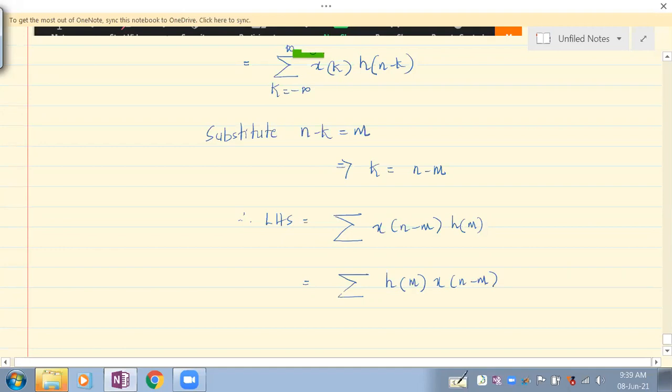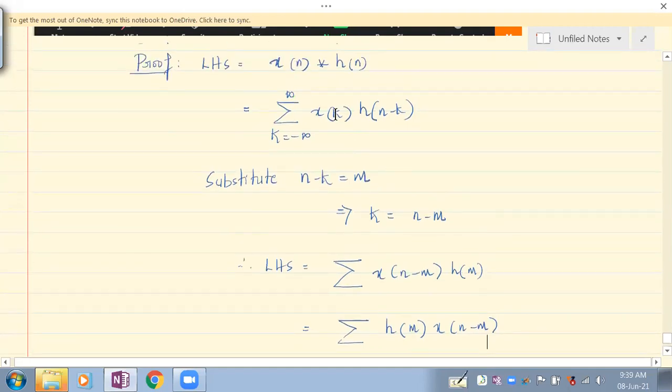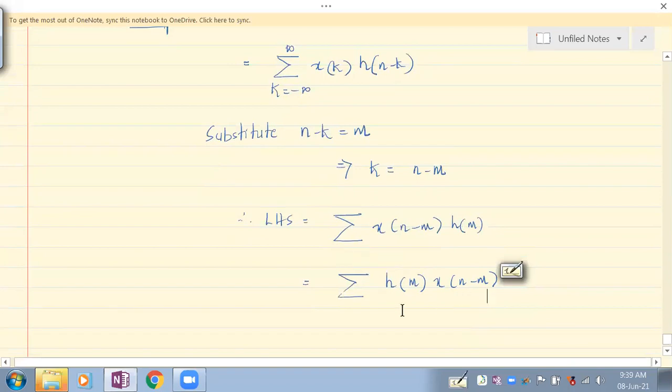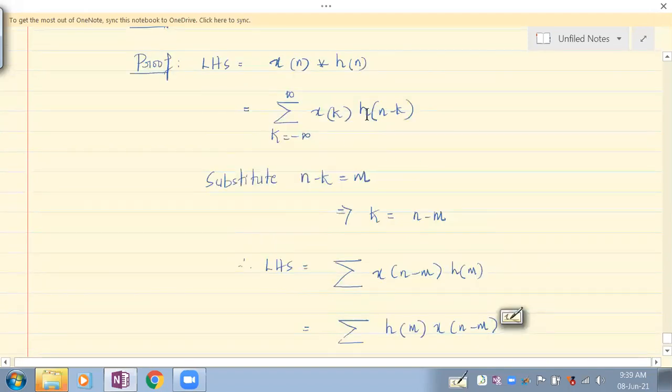So if it is x of k into h of n minus k, k runs from minus infinity to plus infinity. Now can you tell me what runs from minus infinity to plus infinity in this equation? Anybody? If in this equation k runs from minus infinity to plus infinity, in this equation, which alphabet should run from minus infinity to plus infinity, m or n?